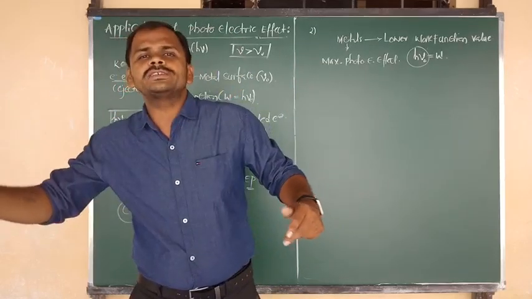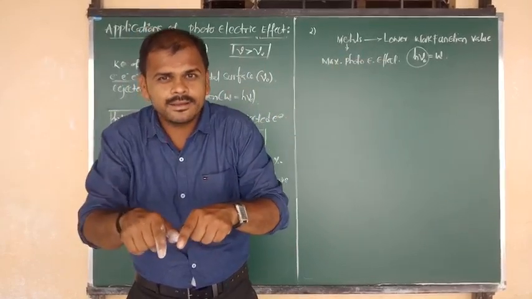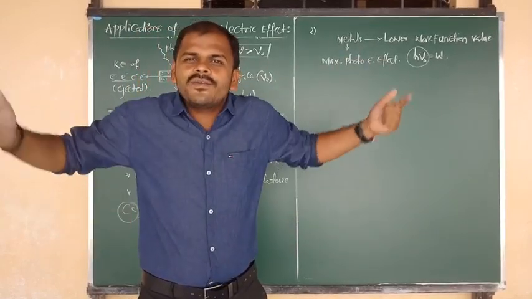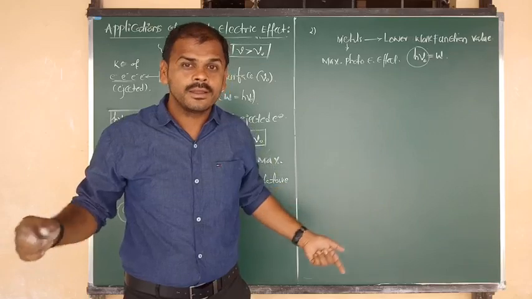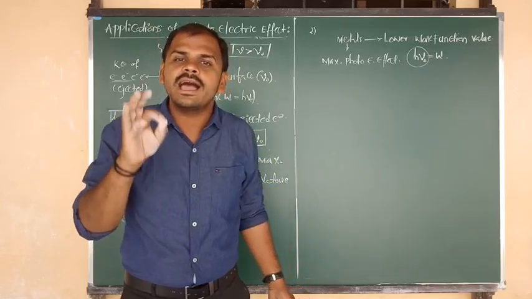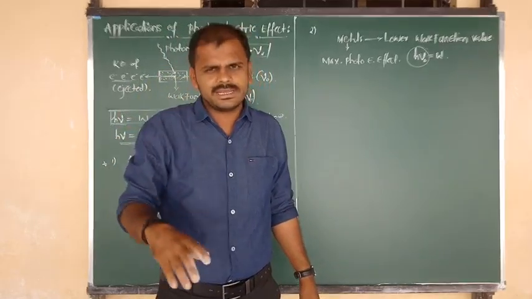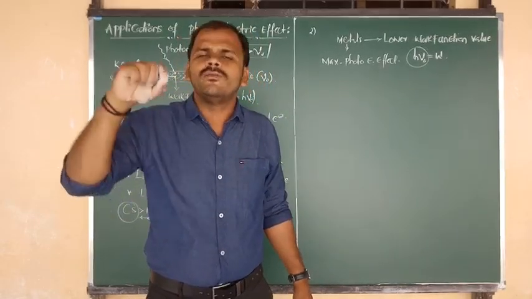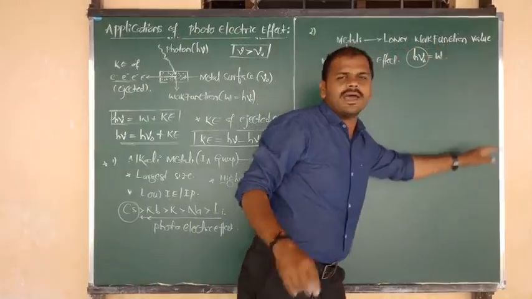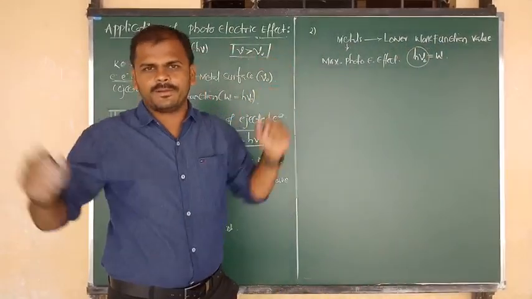So for the removal of an electron from the respective metals, we definitely require different energies. So each and every metal has a characteristic, specific, constant work function value.